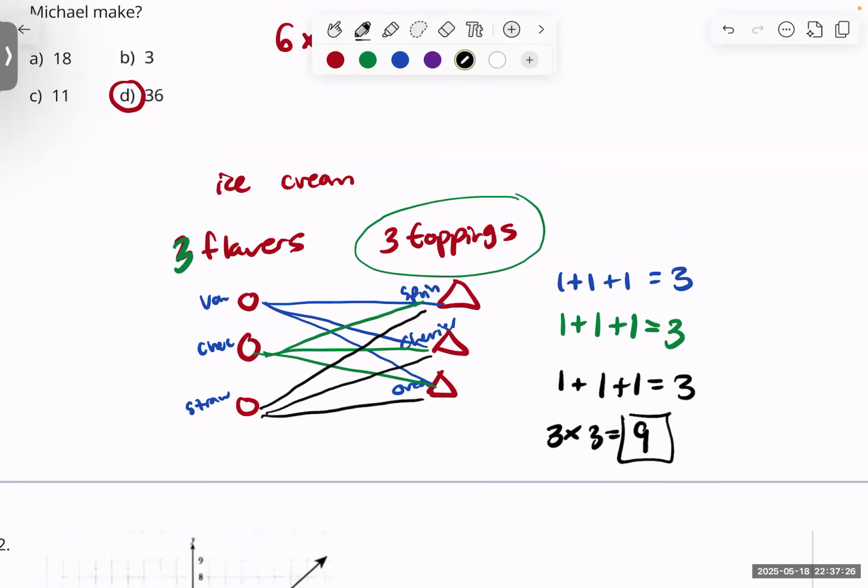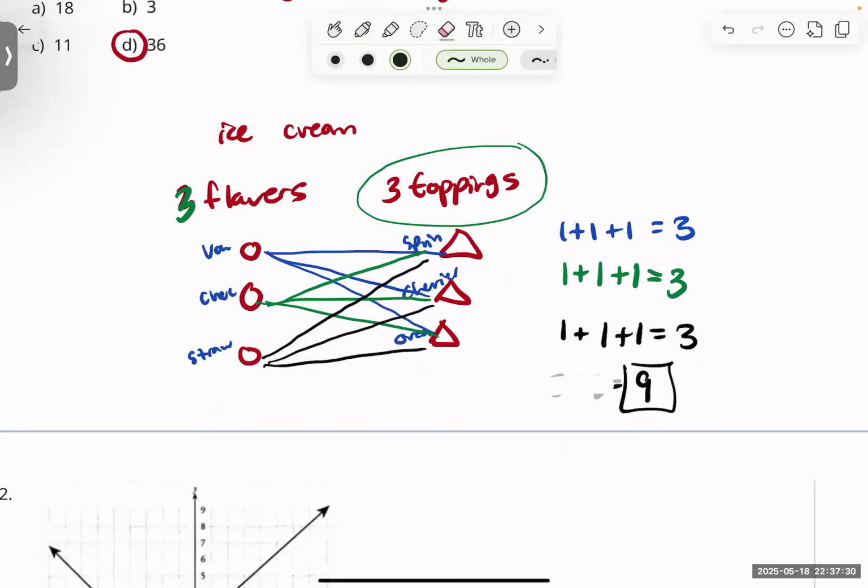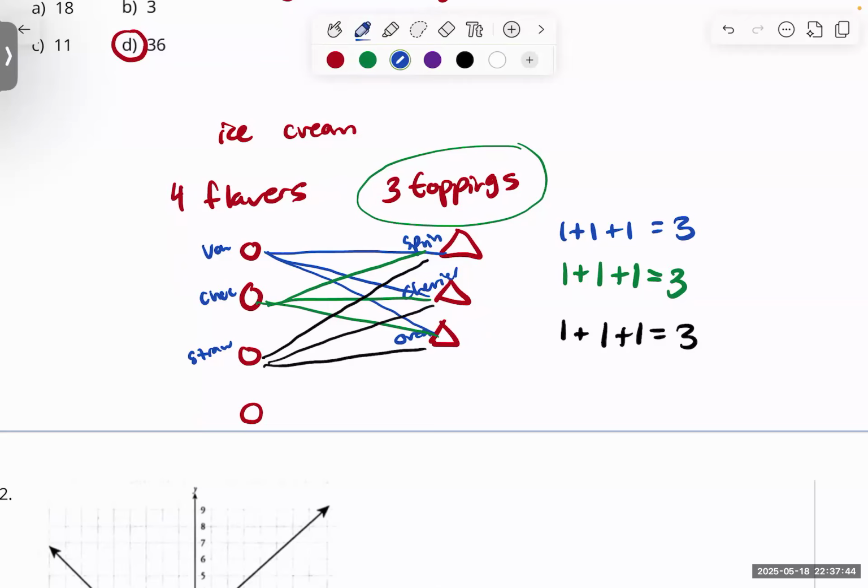So that would be the answer for this combination. And you know what? We still have a lot of time. So let me do another flavor. Oh my God, I don't know why I'm thinking of so many things. Let's see. So we have 4 flavors. I don't know what other flavors of ice cream are there.